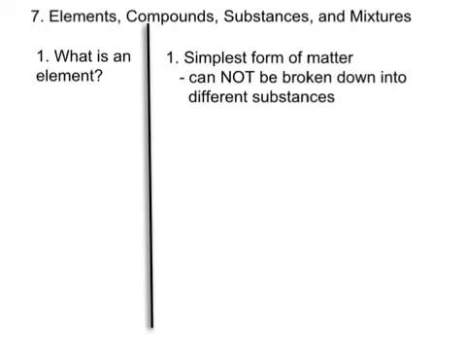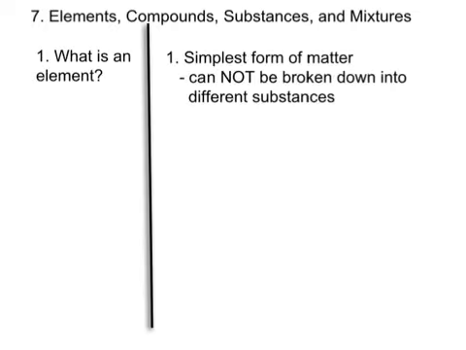All right, so in addition to being the building block of all other kinds of matter, elements can either exist on their own as themselves, like pure gold, pure silver, or they can exist in combinations with other elements.